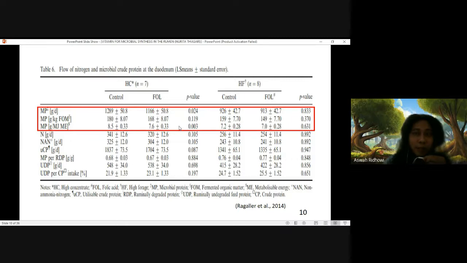So I'm looking at the type of energy. One is the energy from the cellulose and hemicellulose. Another is that maybe folic acid works better with energy from the concentrate, which is from the starch.